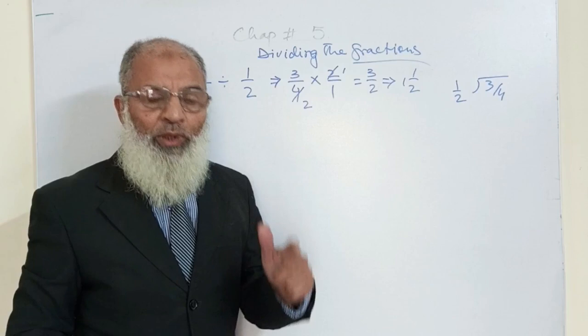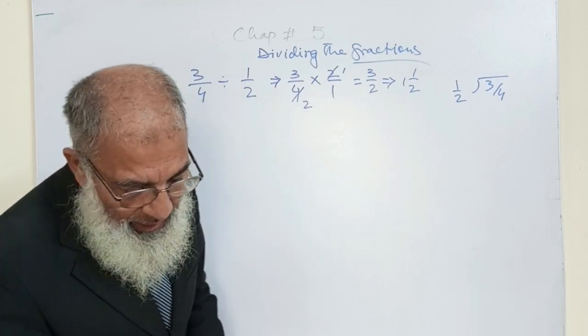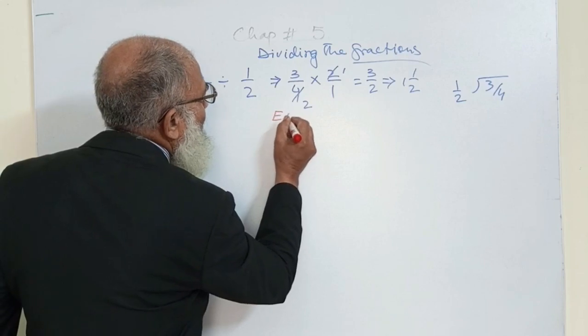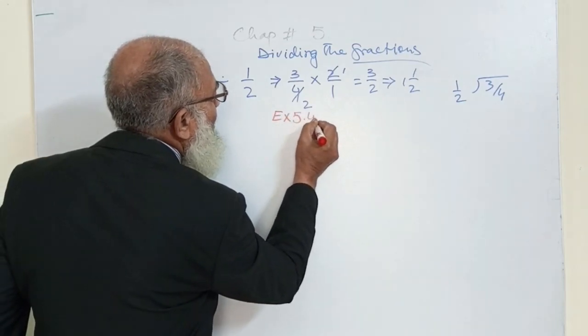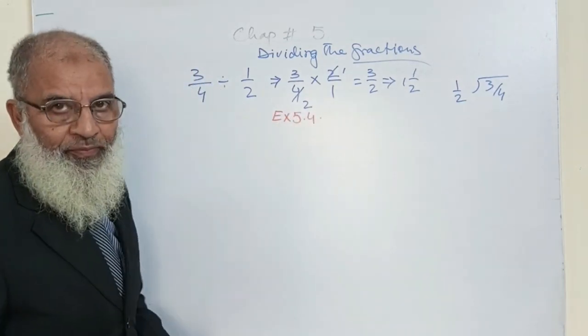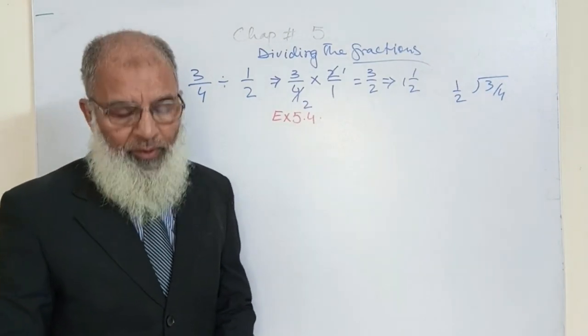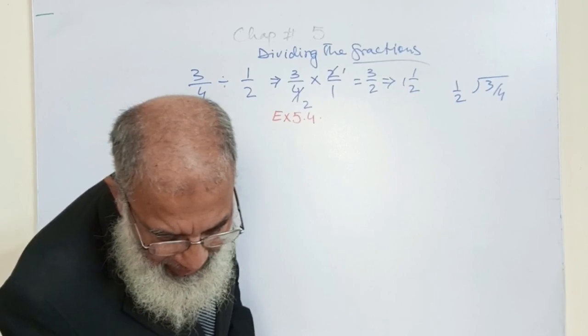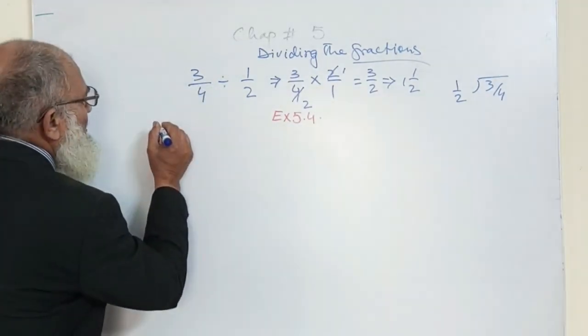Now, coming straight to exercise number 5.4. We'll be solving exercise 5.4 today, and maybe exercise 5.5, which is a little different from this exercise. So we'll be doing question number 2 at first.